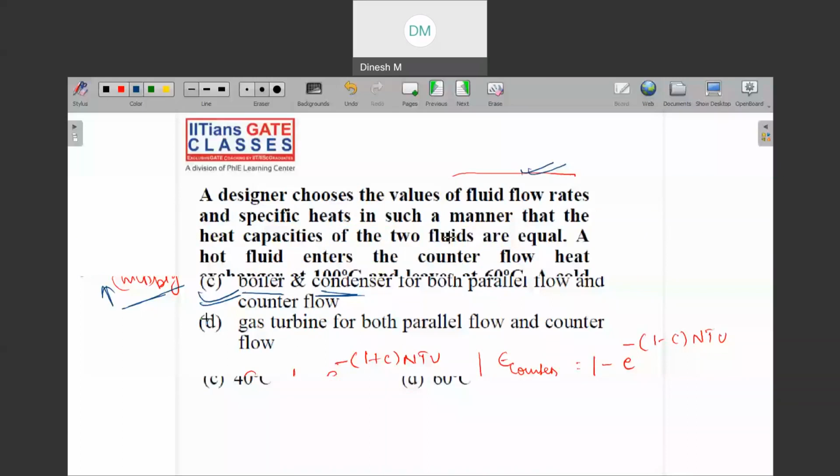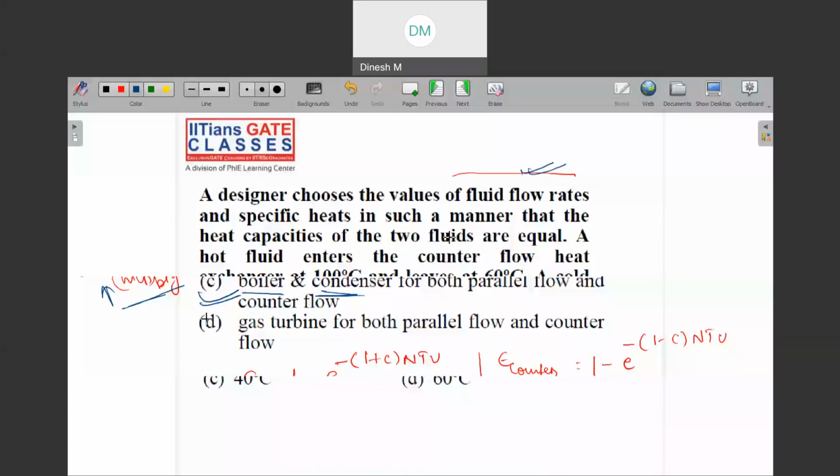Then it says that a hot fluid enters the counter flow heat exchanger at 100 degrees Celsius and leaves at 60 degrees Celsius. A cold fluid enters the heat exchanger at 40 degrees Celsius. Then it asks what the mean temperature difference between the two fluids is, and let's highlight the keywords.